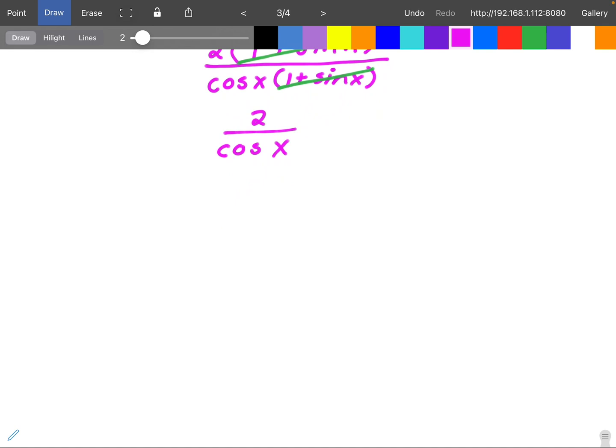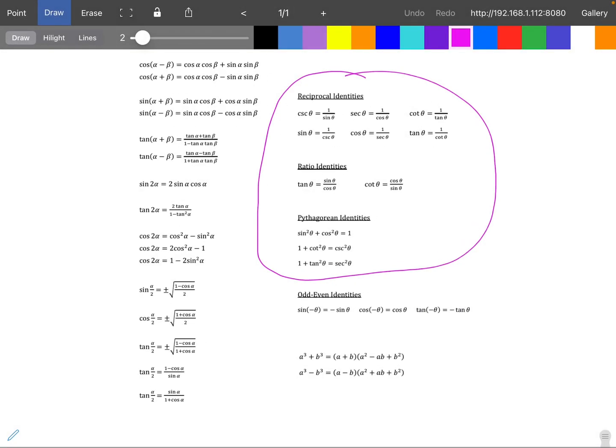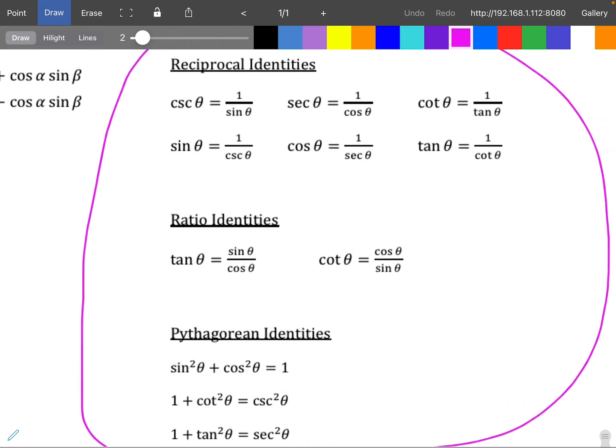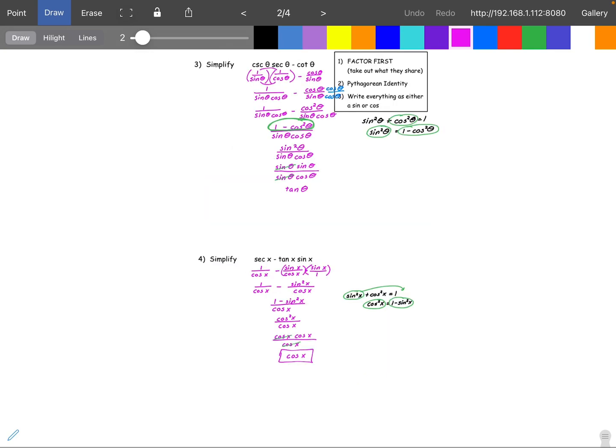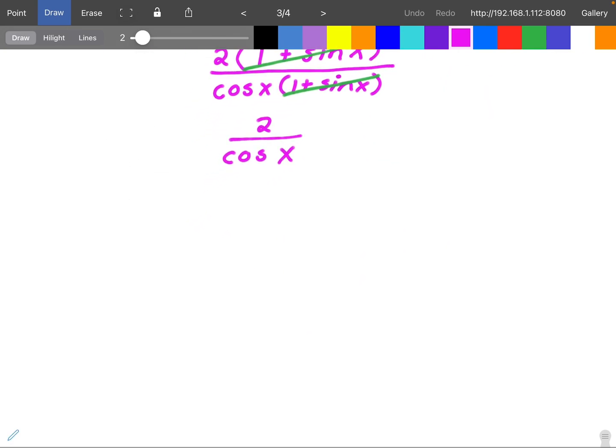Now, this one you have to think about a little bit. Some of us are going to see this right away and some are not. I have a cosine in the denominator. So think back to our identities. If I have a cosine in the denominator, then that is the same thing as secant. Think reciprocals. Now, I don't have 1 on the top of my fraction. I have 2.